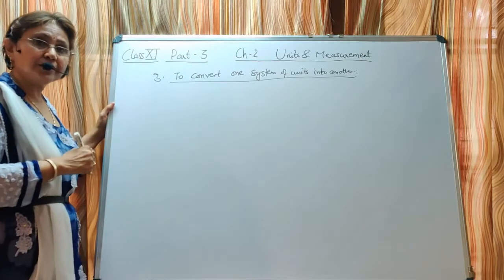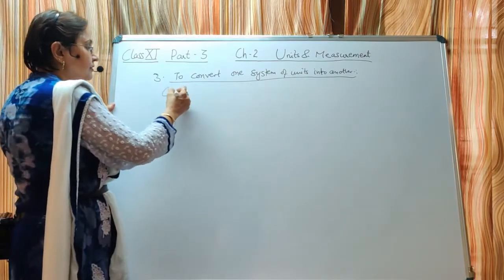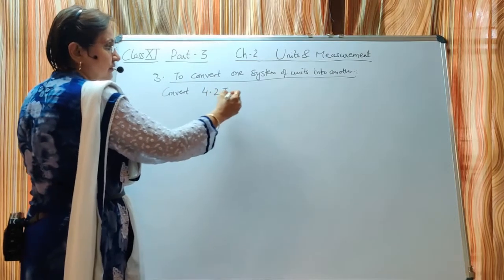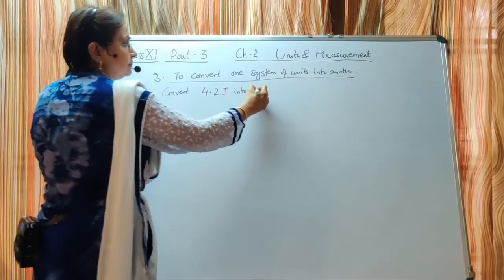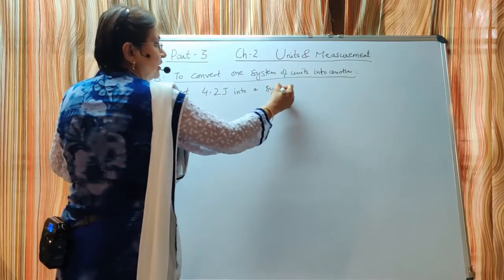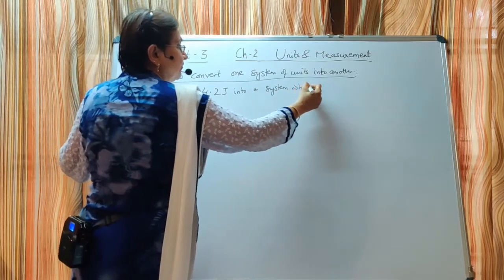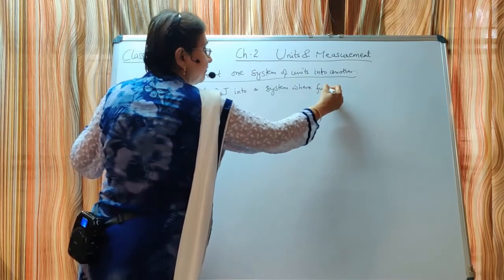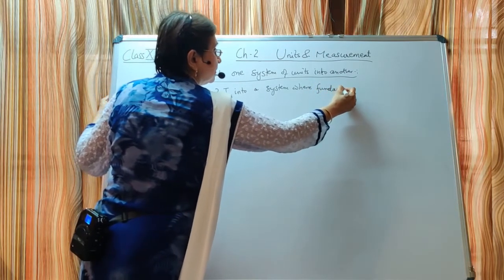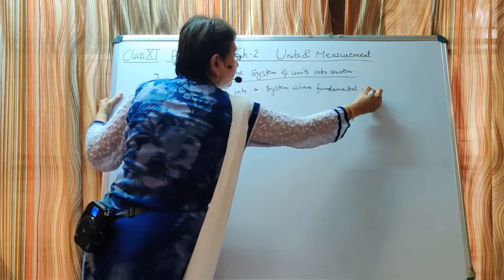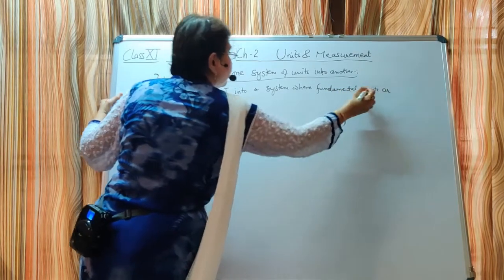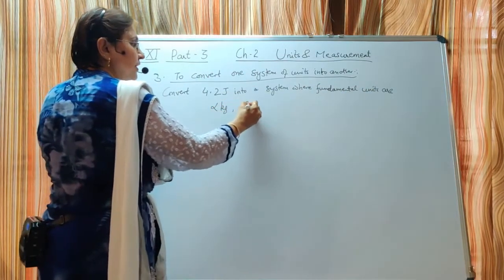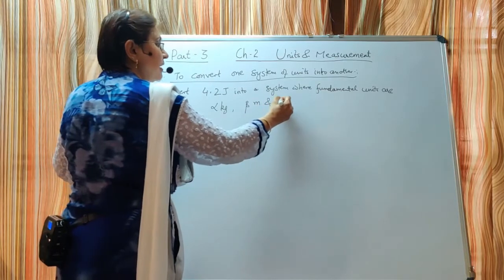Okay, let's take one more example. Convert 4.2 joules into a system where the fundamental units are taken as alpha kg, beta meters and gamma seconds.